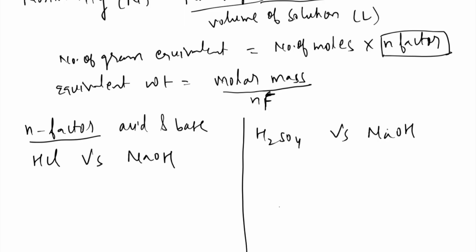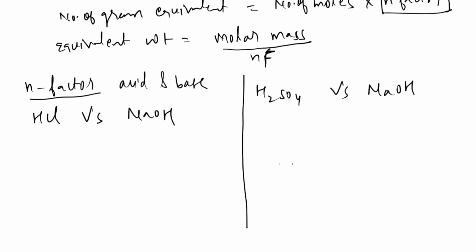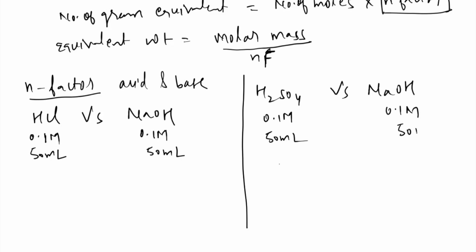To make things simpler, we are going to take everything else the same, that is the strength and the volume. So if I am taking 0.1 molar of HCl, I am also taking 0.1 molar of NaOH, 50 ml of this, 50 ml of this. Similarly here as well, 0.1 molar H2SO4, 0.1 molar NaOH, volume 50 ml, here also 50 ml.